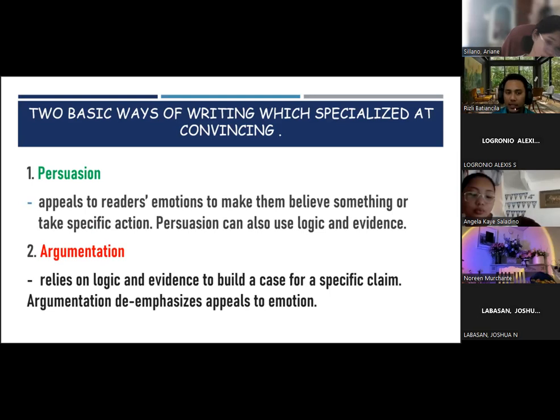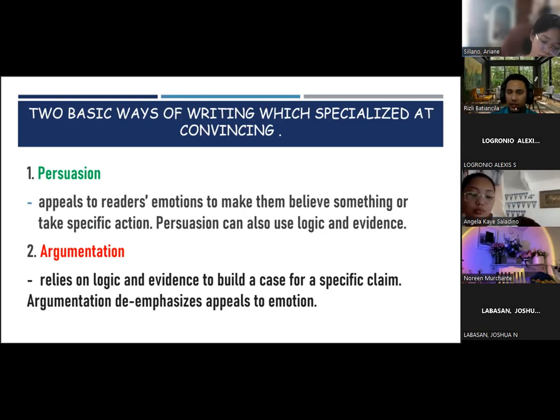Para masabi natin that you have persuaded someone, they must do something or take a specific action. Also the persuasion, although it appeals to readers' emotion, pwede rin siya gumamit ng logic tsaka evidences.